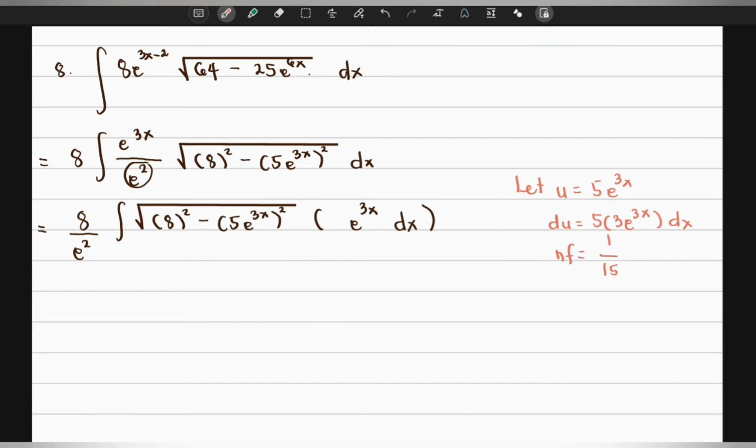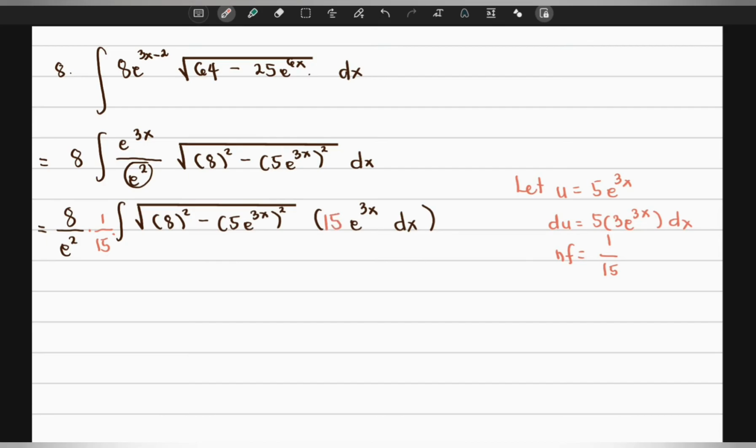Insert na natin dito si 1 over 15. Kaya mas okay pag naglalagay ka ng spaces na ganun, para ready na lang. Ayan.